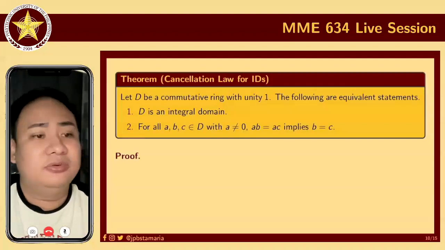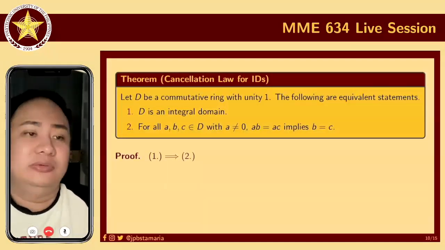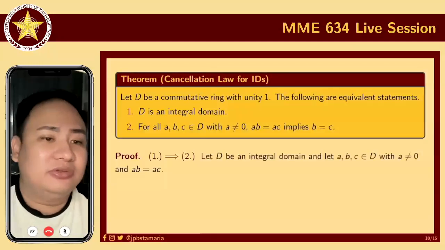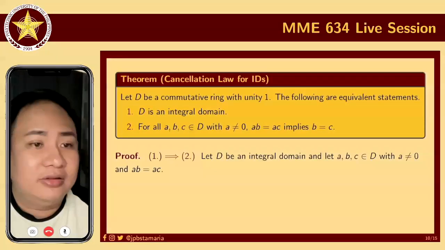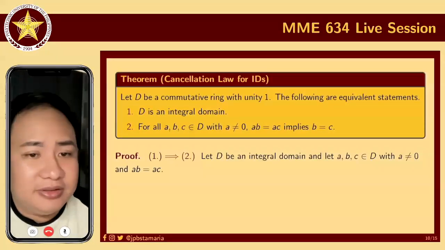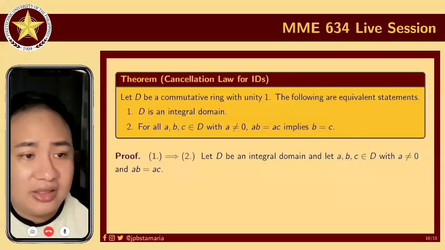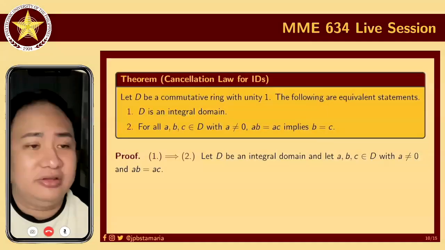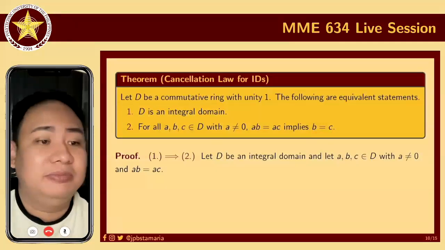So for the proof, we will first prove that statement 1 implies statement 2. So pag ganyan, we will assume statement number 1. So let D be an integral domain. We will pick 3 elements A, B, C from D, and we will assume that A is not 0, yet AB is equal to AC. So we need to prove that B is equal to C. Paano mag-equal yung B sa C?